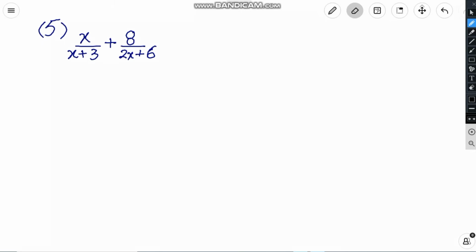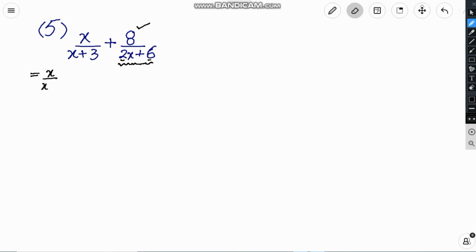Now this time again we have to find the sum of rational expressions having different denominators. Just have a look at the second rational expression, that is 8 by 2x plus 6. You can see in the denominator of the second rational expression, 2 is common in both terms, so just take it common.